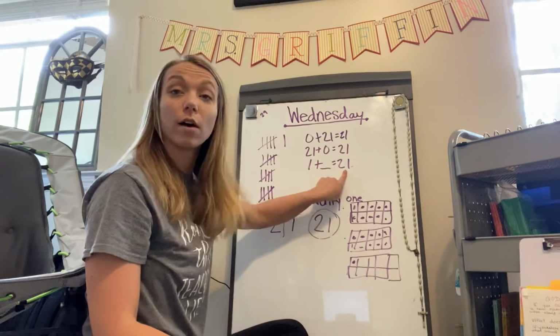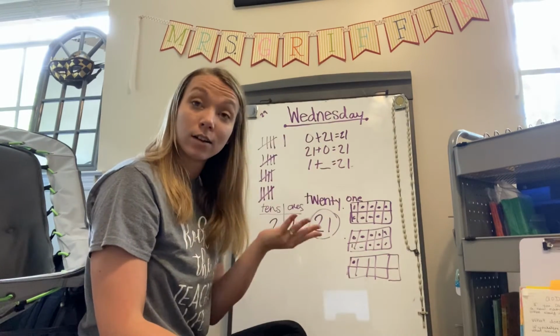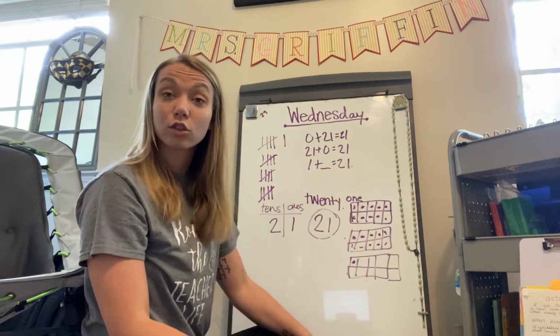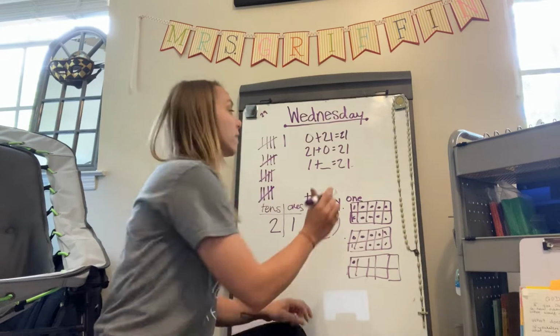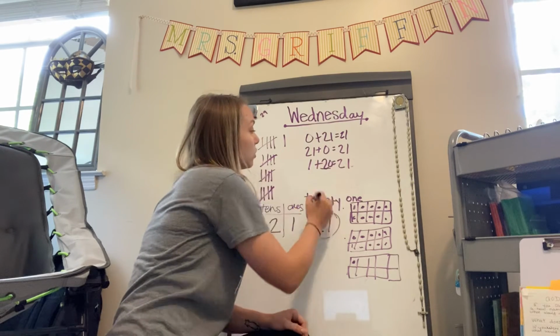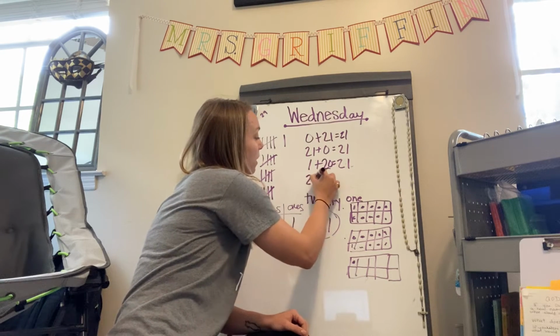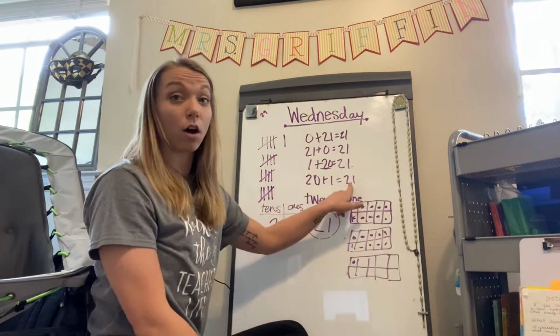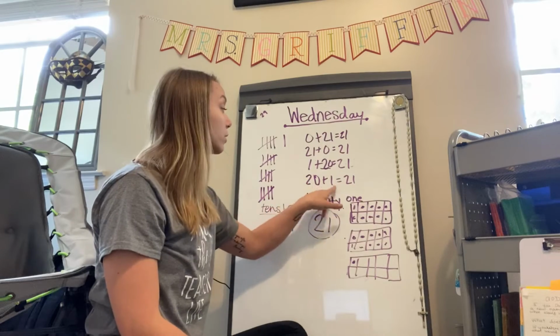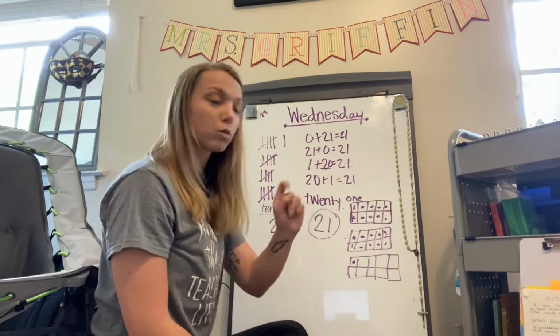So if I have 21 and I take away 1, what do I have left? Just 20. If I count back, 21 before that is the number 20. So 1 plus 20 is 21. 20 plus 1 equals 21, which I know is true because I always double check my work. 20 plus 1, 20, 1 more, 21.